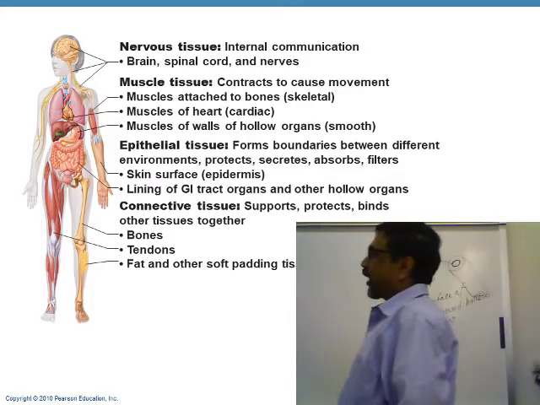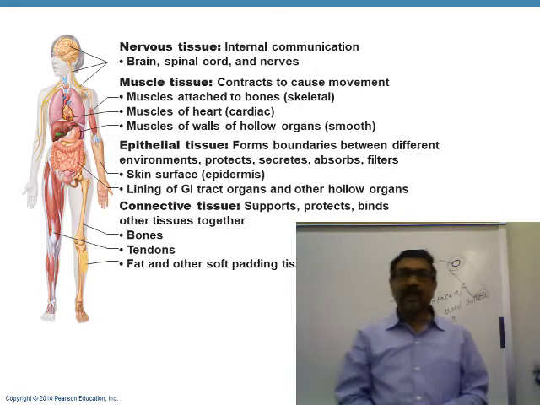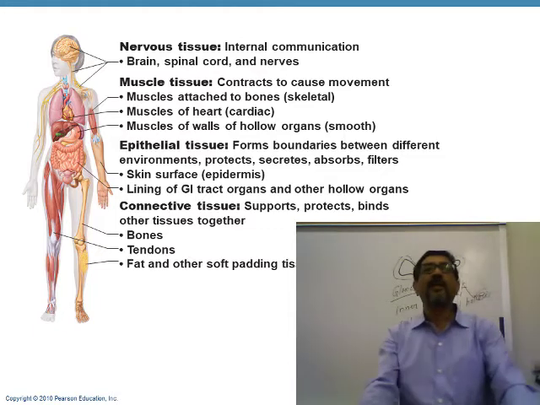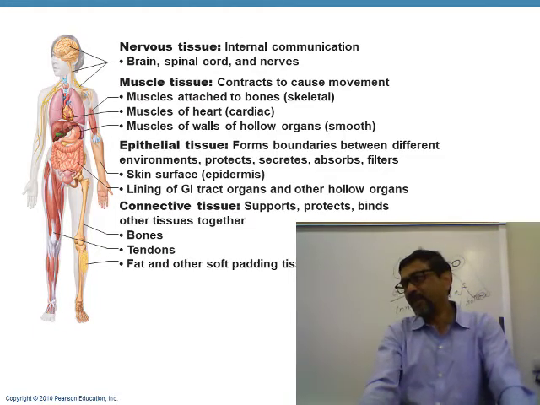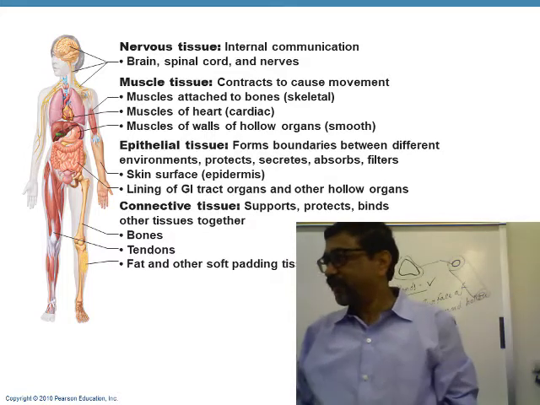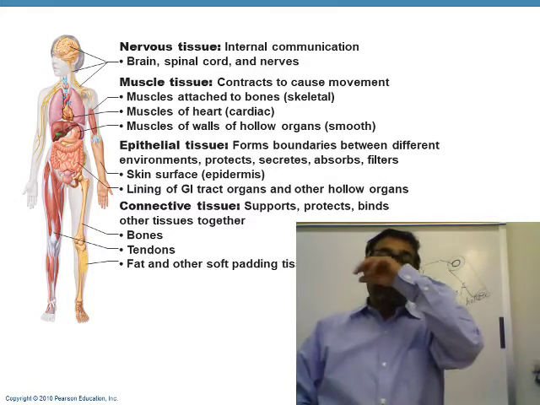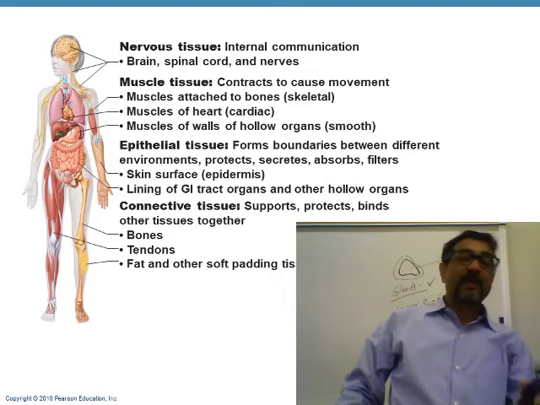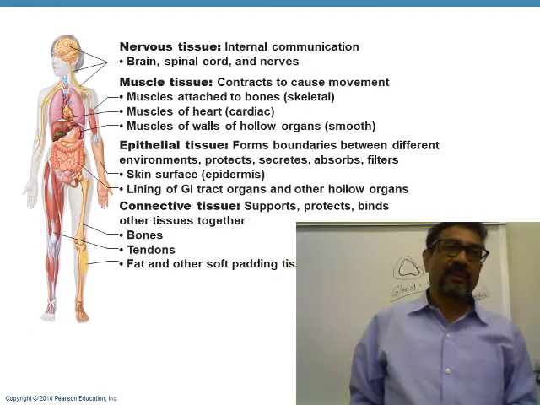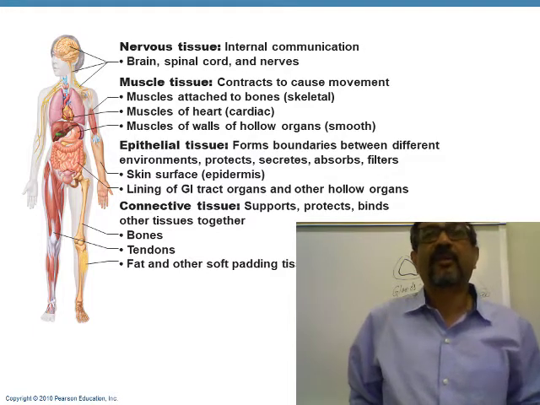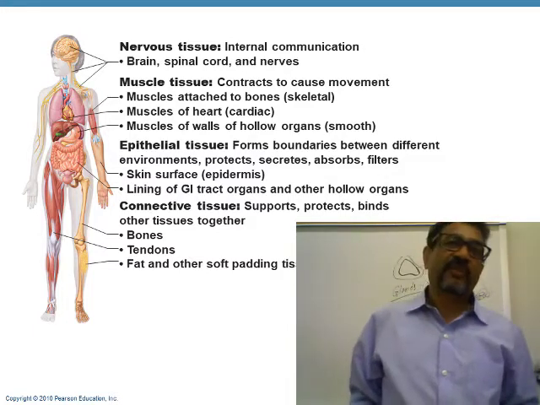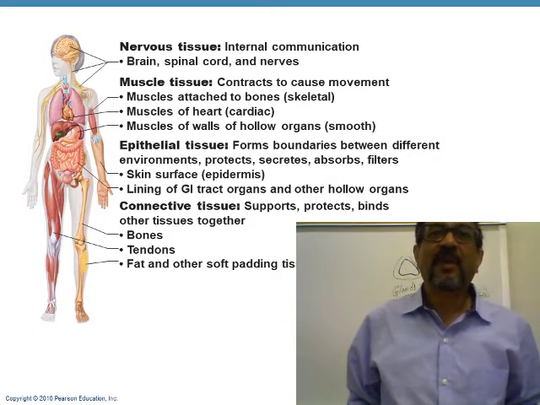Now, the connective tissue. Connective tissue is the most widely distributed tissue in your body. That means distributed in many places. Just you can write it down. Some common structures where you will find the connective tissue. Bones are connective tissue.